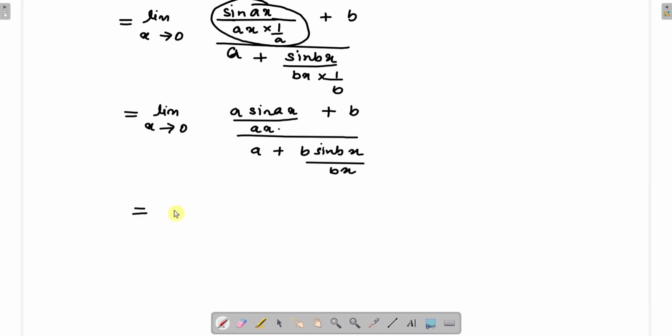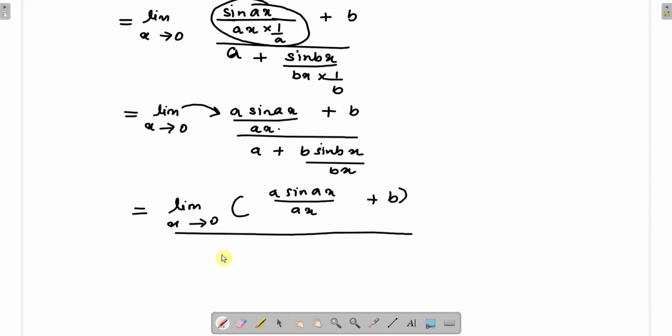This will be equal to what, limit x tends to 0. So this limit which is there, that I can now take in the numerator and the denominator. So a sin ax divided by ax plus b, the whole divided by limit x tends to 0, a plus b sin bx divided by bx.